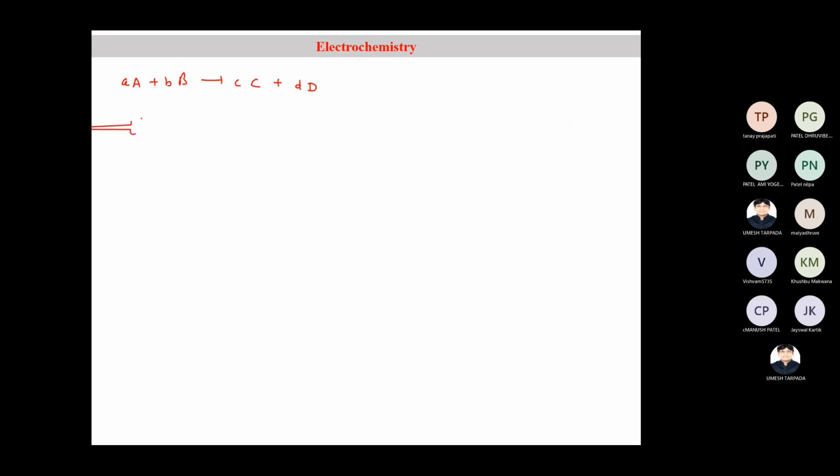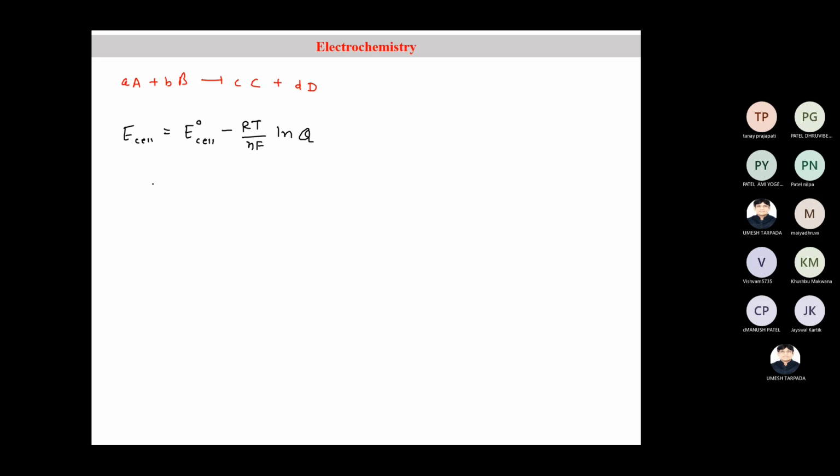E cell is equal to E standard minus RT upon nF log product upon reactant, that is called the quotient.